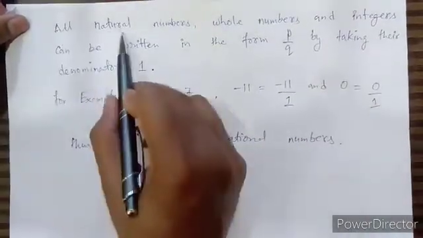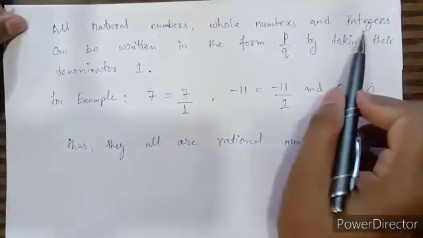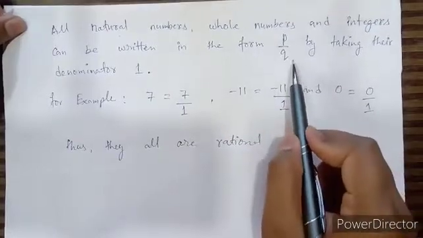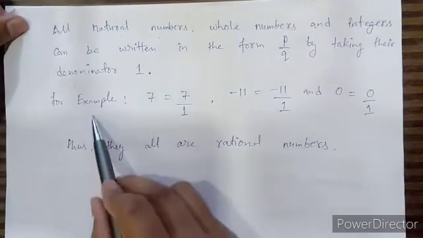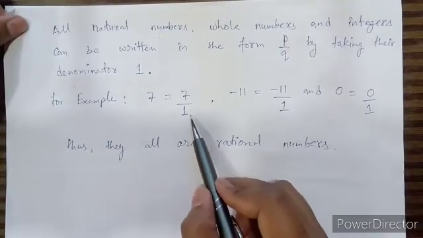All the natural numbers, whole numbers, and integers can be written in the form of p by q by taking their denominator as 1. For example, 7 can be written as 7 by 1. Minus 11 can be written as minus 11 by 1. 0 equals 0 by 1.